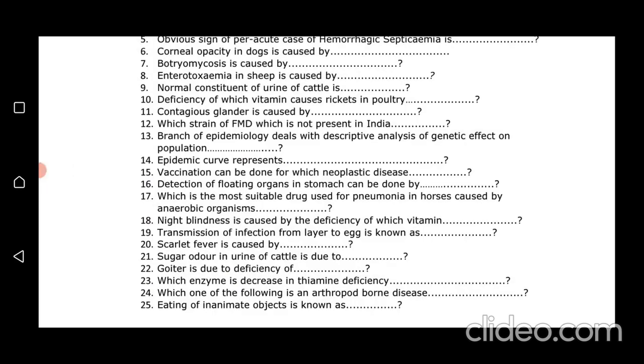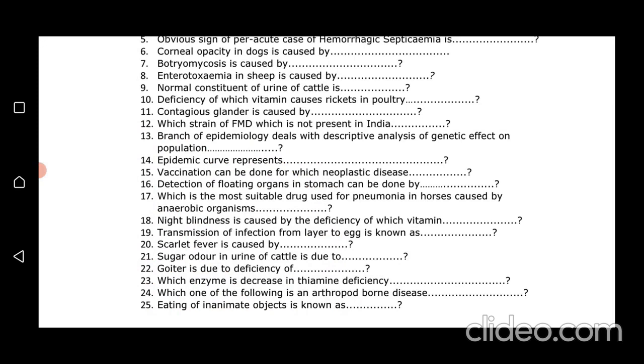The branch of epidemiology that deals with descriptive analysis of genetic effect on population is genetic epidemiology. Epidemic curve represents maximum and minimum distribution. Vaccination can be done for which neoplastic disease? Marek's disease.